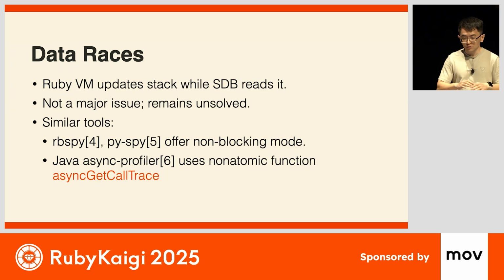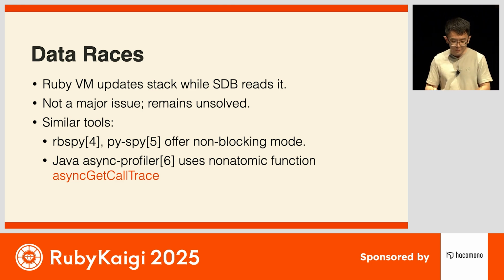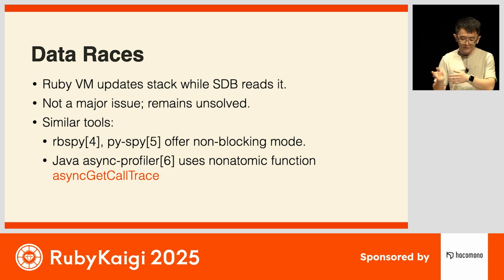Okay, we know the implementation, so now we need to discuss the data race and thread safety. If you look at it closely, you see the Ruby VM updates the stack, while the SDB reads it without the lock. So that means data races can happen, or it has a thread safety issue, but I haven't solved it. You can see several similar tools have this issue.